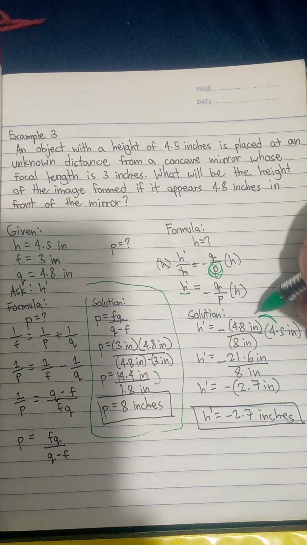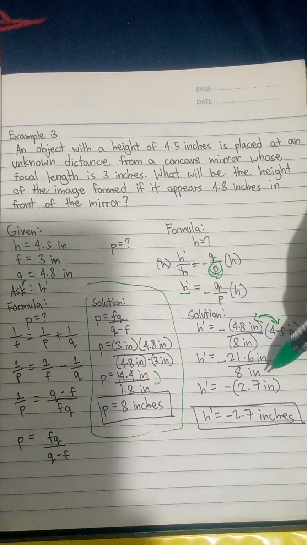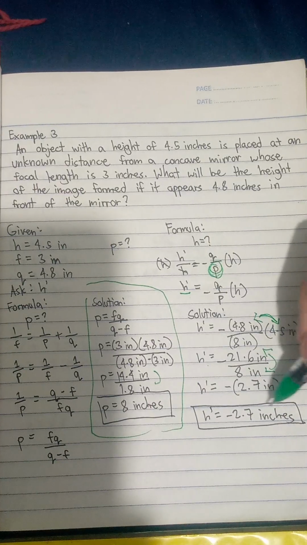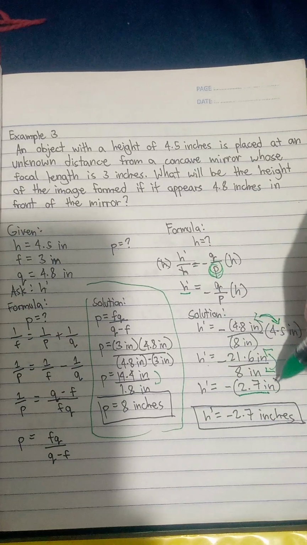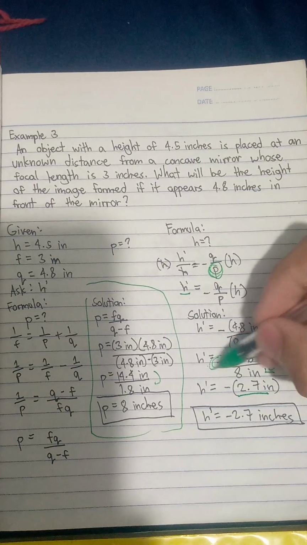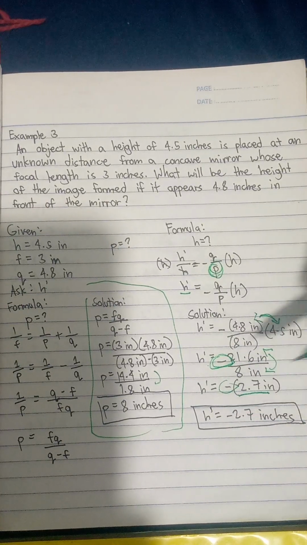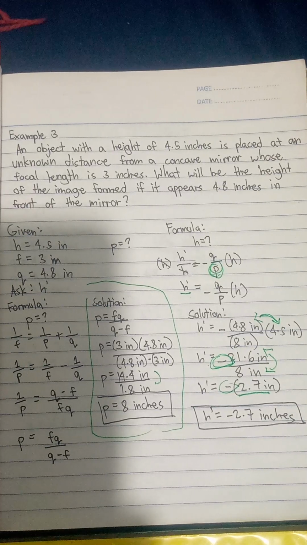Multiplying, we get negative 21.6 inches over 8 inches, and dividing gives 2.7 inches, but we still have the negative sign. So h apostrophe is equal to negative 2.7 inches.